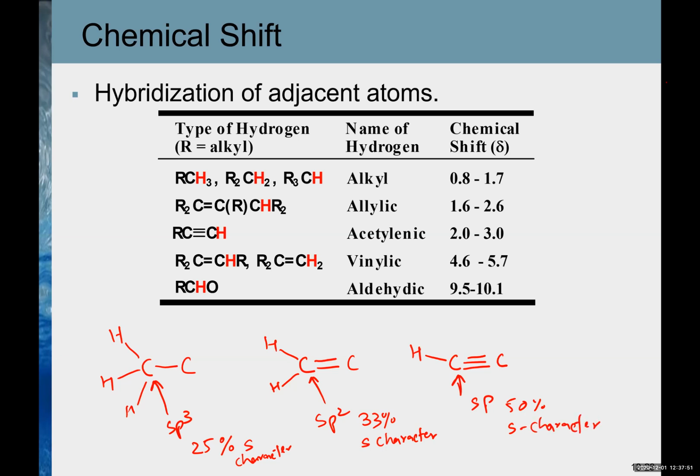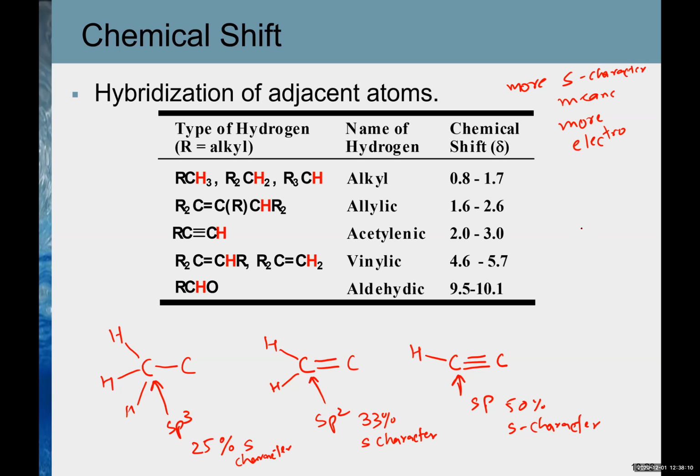In the previous chapter, we also learned that more s character means more electronegativity. Why?